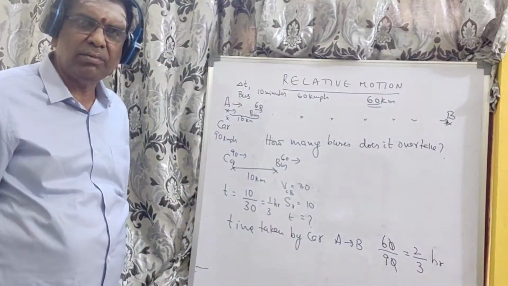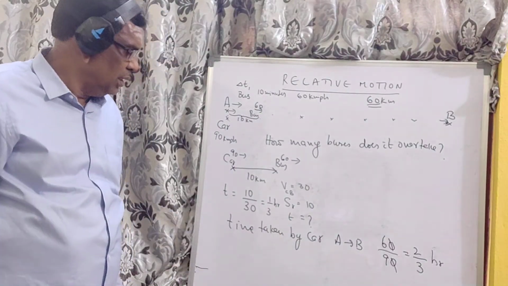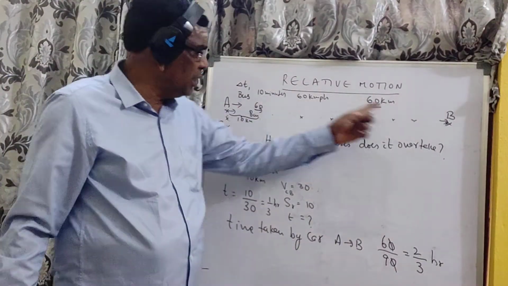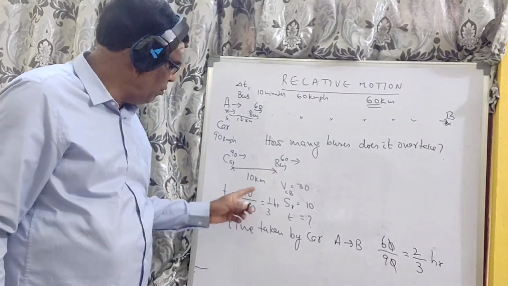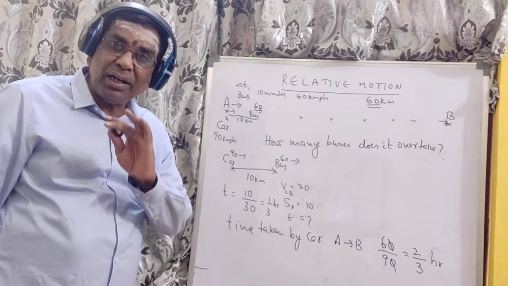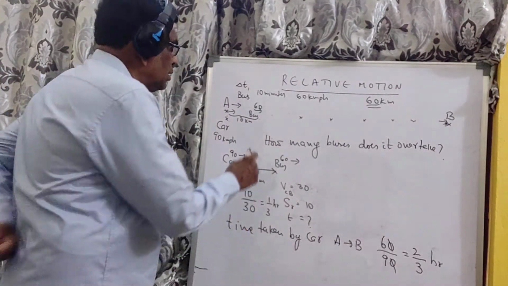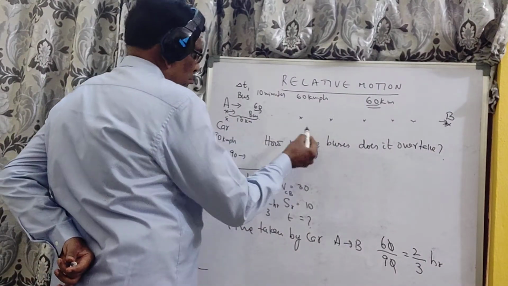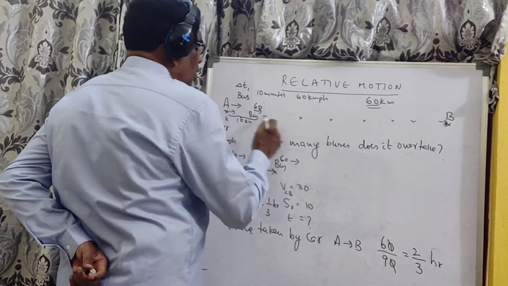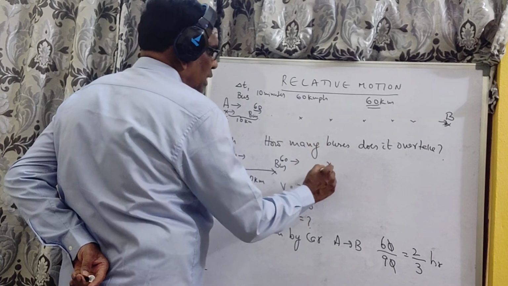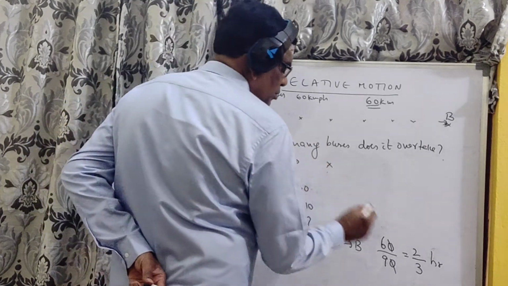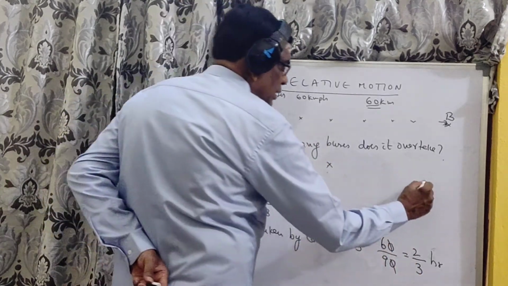2/3 of an hour. What do you mean by that? If it reaches B in 2/3, every 1/3 it is overtaking one bus. That means in the first 1/3 of an hour, it overtakes one bus, right? 2/3 means it is reaching.